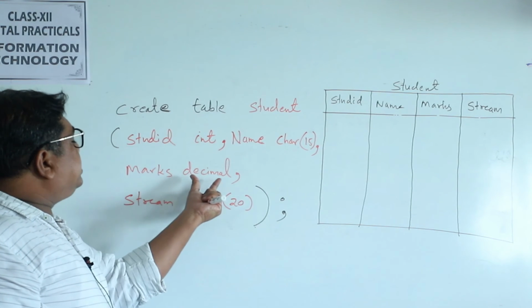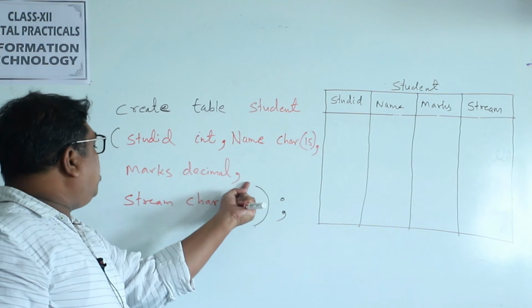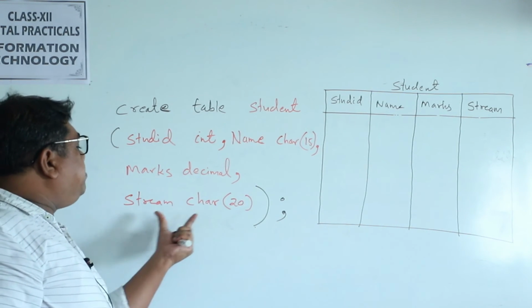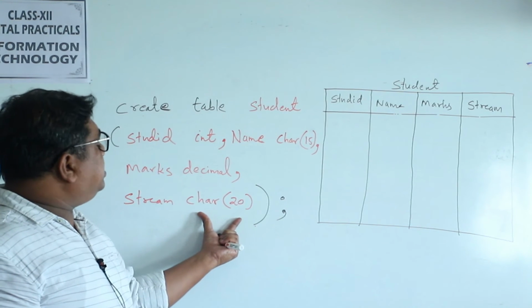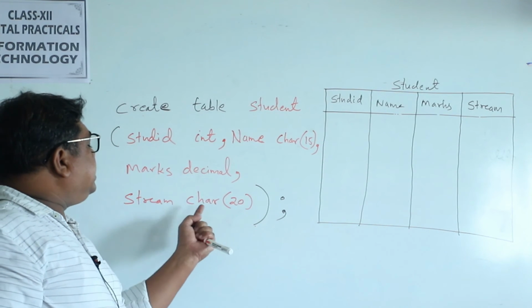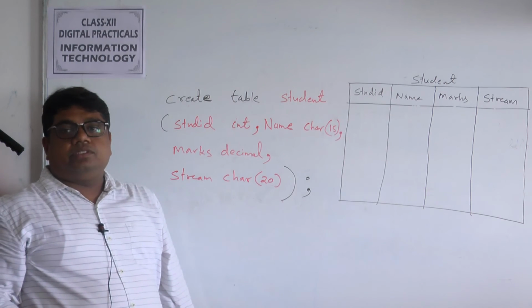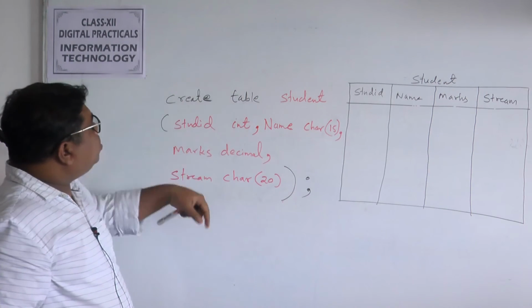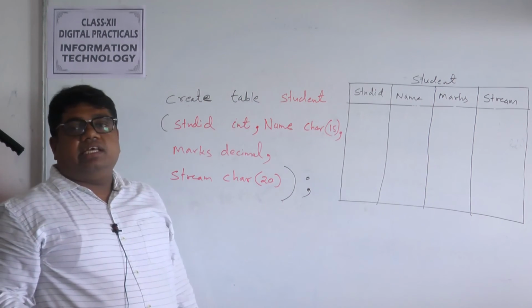And marks as the data type as decimal, then put a comma, then stream is the column name where it stores either commerce or science or arts, and the character and its size is 20. So this is how we used to create this table.